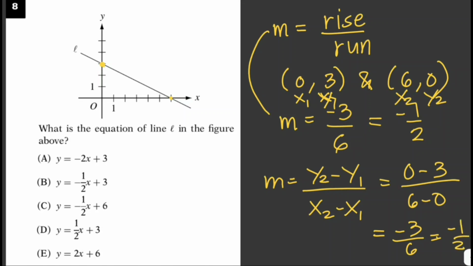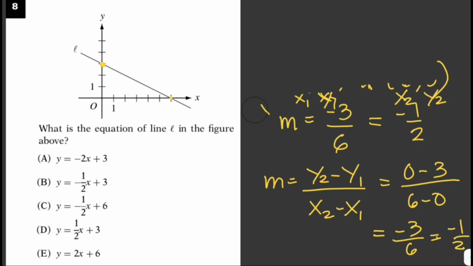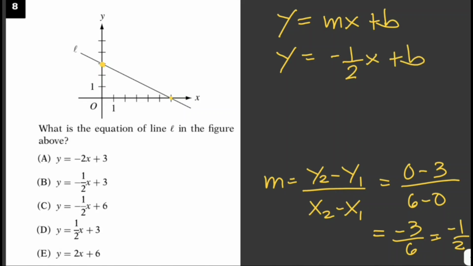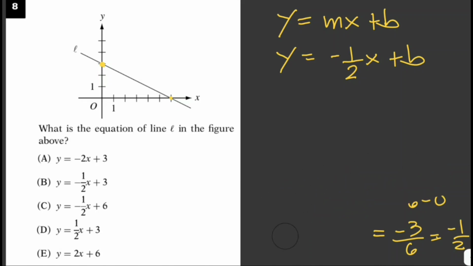So now we can write the equation of the line. We know that the equation of the line is y equals mx plus b, where m is the slope and b is the y-intercept. So we can substitute our slope for m, and then plus the y-intercept. Now we don't have our y-intercept. To get the y-intercept, we get the value of y when x is 0.